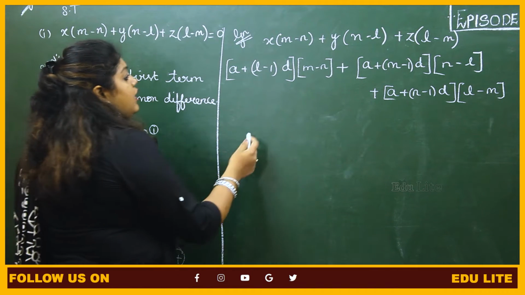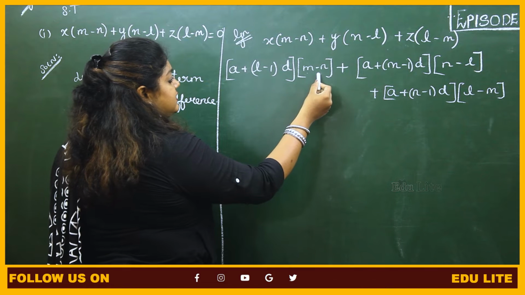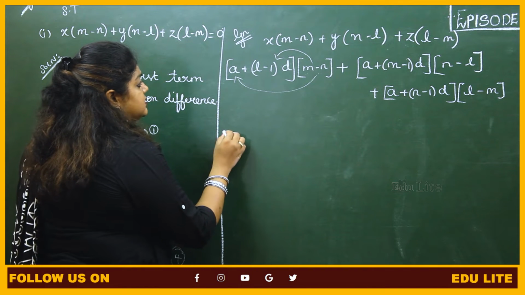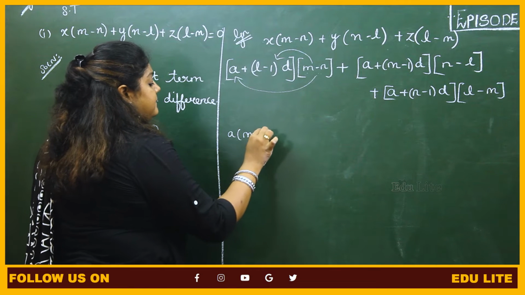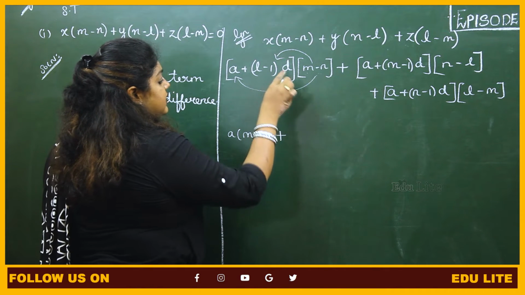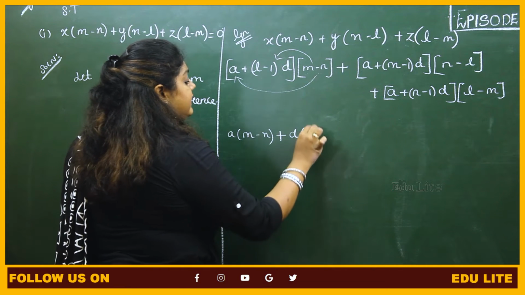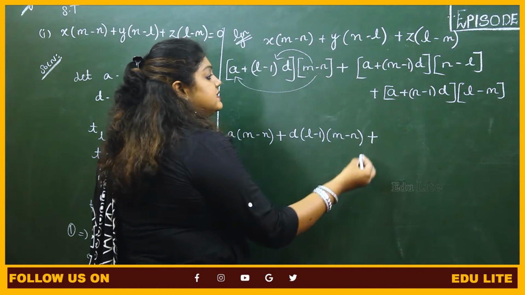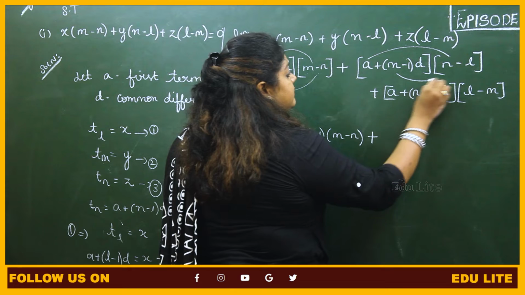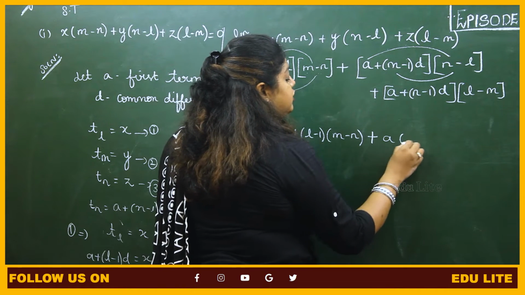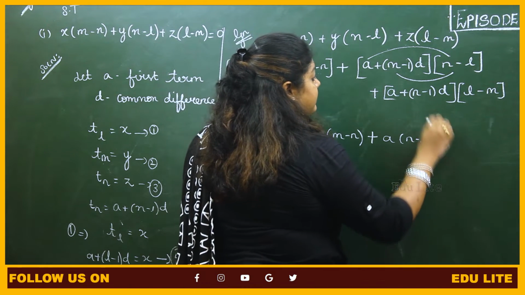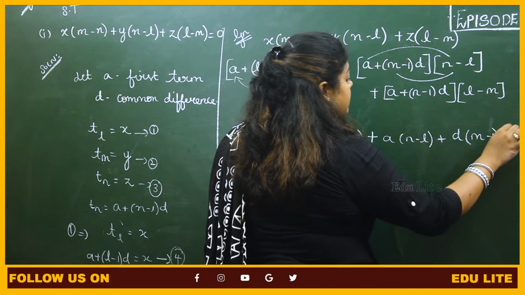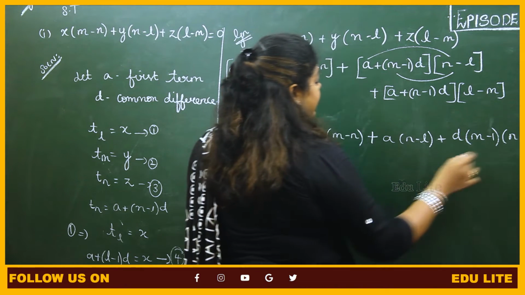Okay, let us simplify. We are going to multiply this term with both the terms, which means a into m minus n plus d into l minus 1 into m minus n, plus similarly a into this term and the second term into this term, a into n minus l plus d into m minus 1 into n minus l.